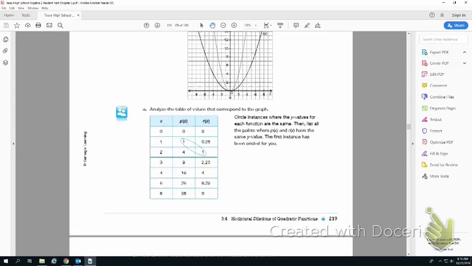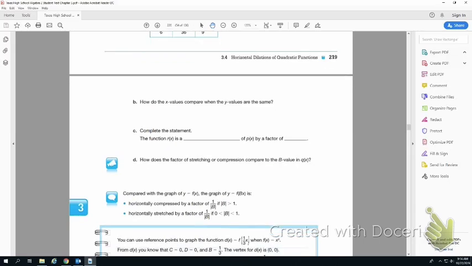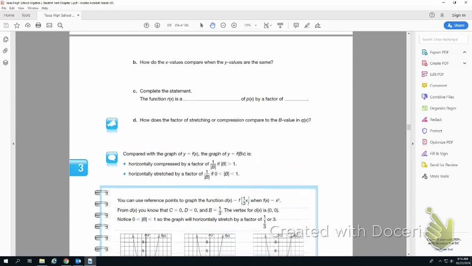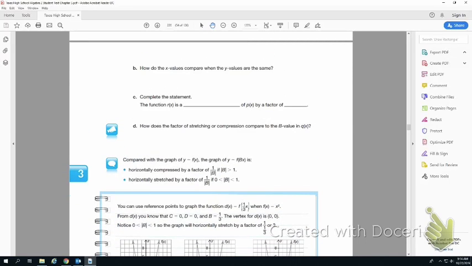So looking at the back, go to C. So would this be considered a horizontal compression or a horizontal stretch? Stretch, horizontal stretch. It got wider. By a factor of what? Factor of 2.